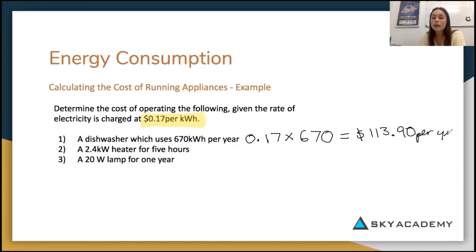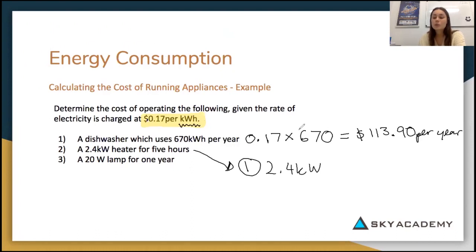Now in question 2, it says a 2.4 kilowatt heater for 5 hours. Remember, we need kilowatt hours, and we only have kilowatts. So we first need to times 2.4 kilowatts by 5 hours to figure out our kilowatt hours.